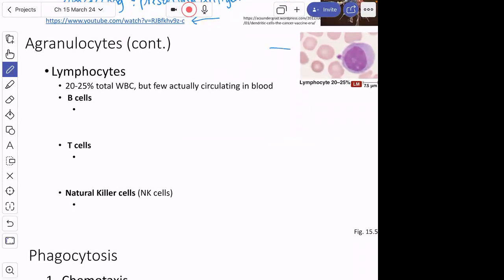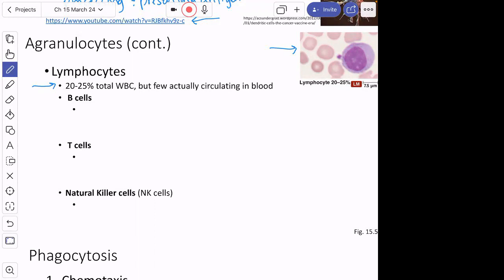Apparently, when you stain these and look at them under a microscope, you can't really tell the difference between what kind of lymphocyte it is. Like you can't really tell if it's a B cell or a T cell. Lymphocytes make up 20 to 25% of the total white blood count, but they're mostly going to be in the lymph, not in the bloodstream. So they can move back and forth.